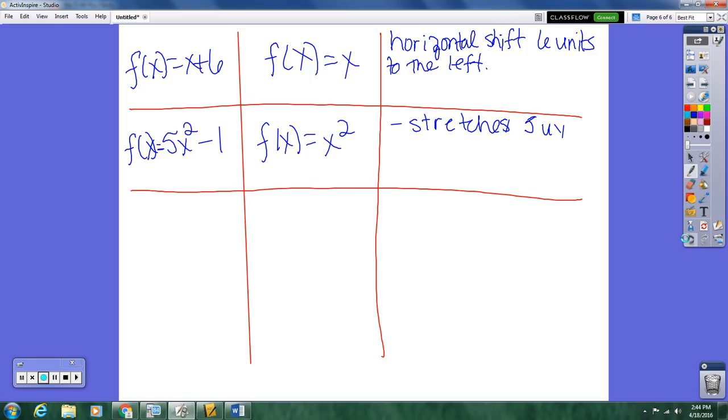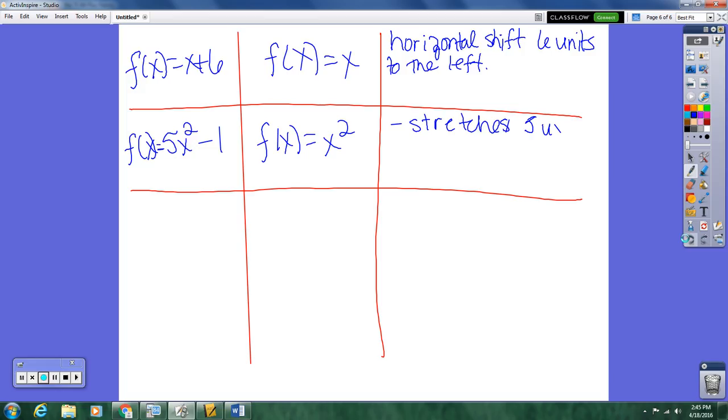What does that minus 1 do to it? Do you see anything on that paper we just spent the last 45 minutes on where we added or subtracted and we said it stretched or compressed it? No. Find the section where we added or subtracted something outside the parentheses. And what did we do?